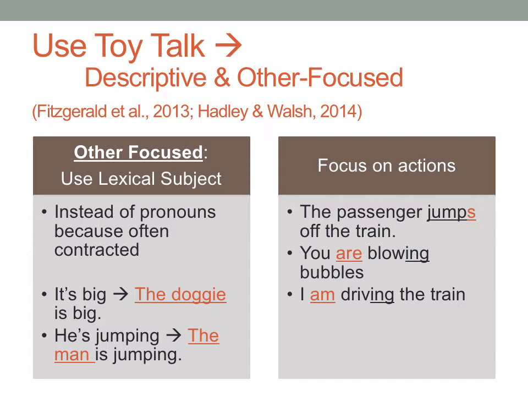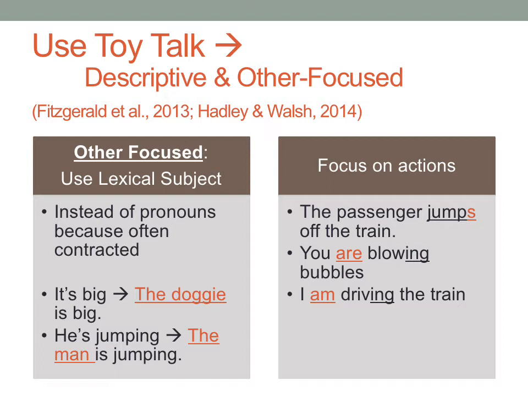So it's big, or he's jumping, and so we much more easily contract those forms. Whereas if we say the doggy, we're labeling, we're using the lexical name for what we're referring to rather than a deictic term or a demonstrative.